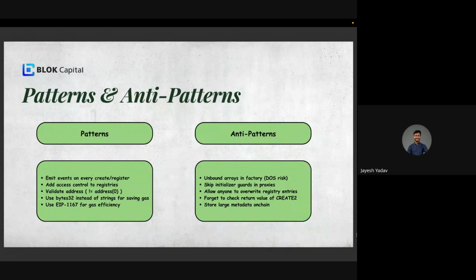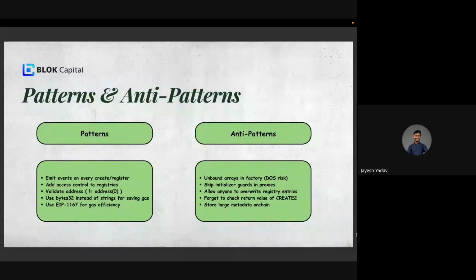If they are unbounded, the very first thing is to make them bounded, or make the query functions query in a range, like from index 0 to 100. So you can pass the start index and end index to query the data. In that way, you can avoid the DOS, denial of service risk in unbounded arrays in factory.